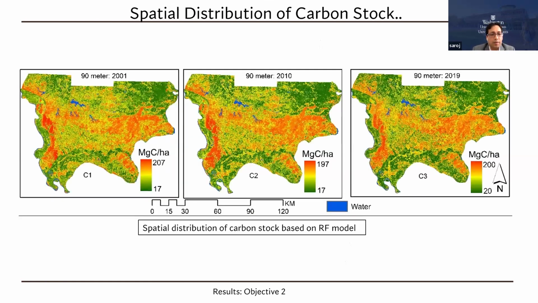Because the 90-meter resolution with a random forest model was best, we only chose to show this model as a result. So if you see, most high density carbon per hectare was found mostly in deciduous forest, followed by other forest types, ranging from 17 megagram per hectare to as many as 207 or 197 megagram per hectare.